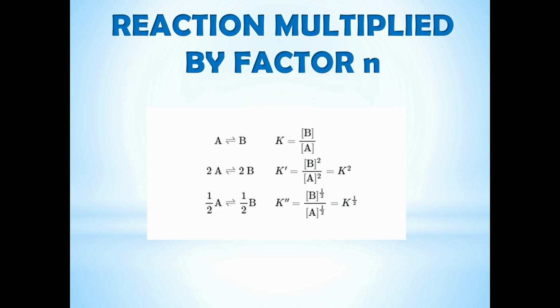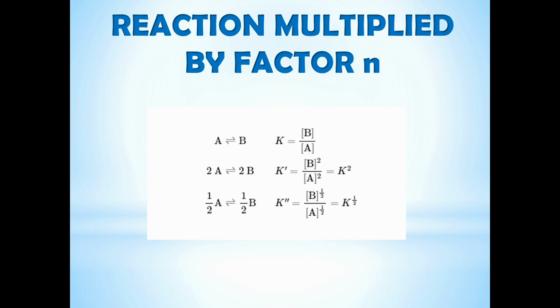If I multiply the reaction by some stoichiometric coefficient, then multiplication, I would now have two B's, so B over A times B over A, or B squared over A squared. A stoichiometric coefficient out front becomes an exponent.